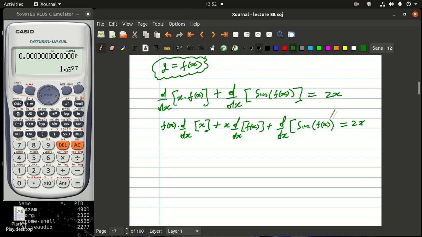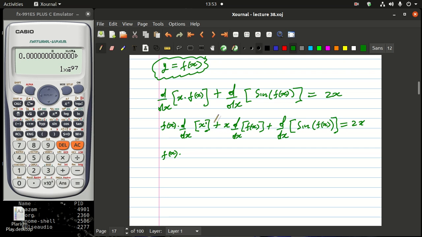The reason I'm leaving this as it is here is because I can see that here we have a chain rule, so we have a function inside another function. So let's take these things one step at a time. Here we still have f of x, so I'm going to end up having this f of x, and then what is the derivative of x with respect to x? This is just the same as dx dx, or just a 1, or the derivative of this, because there is a 1, I can bring a 1 down, times x, and then I subtract a 1.